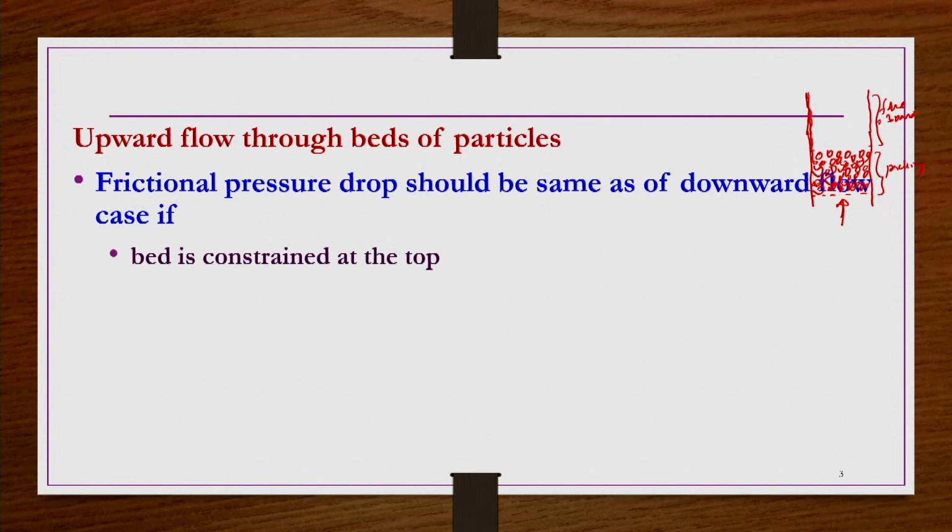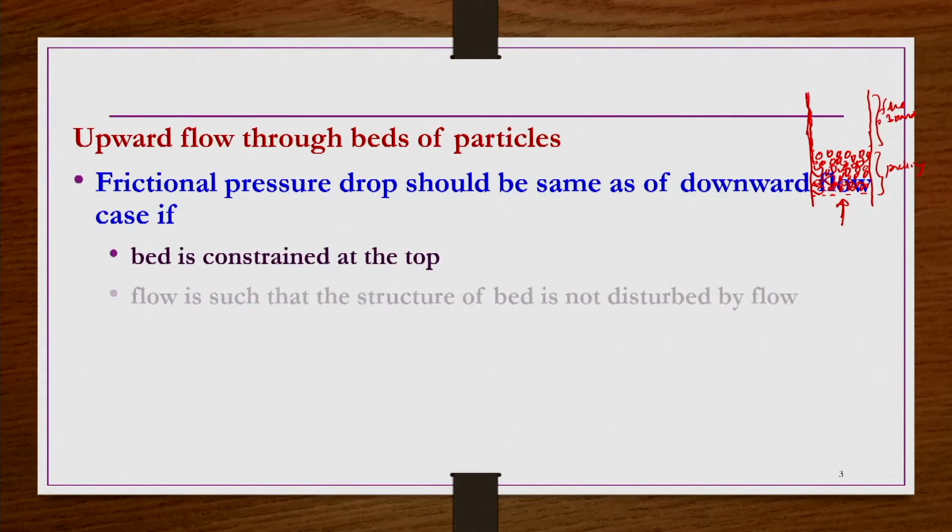On the top also it is packed, though there is a freeboard area. So if you constrain at the top, the packing structure is not going to change, and the pressure drop would be the same as the pressure drop that you get in the case of downward flow through these beds of particles.